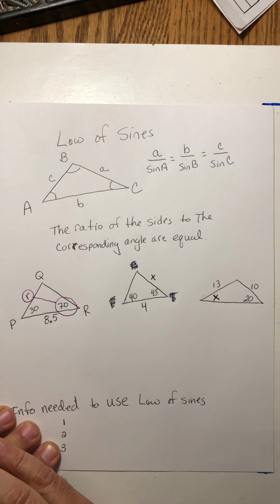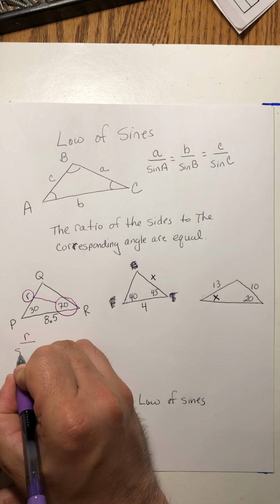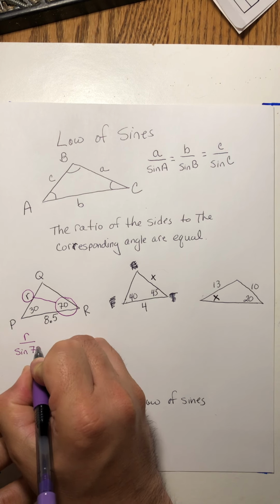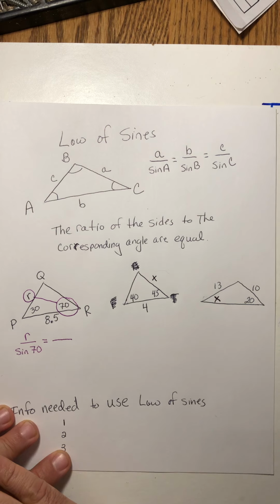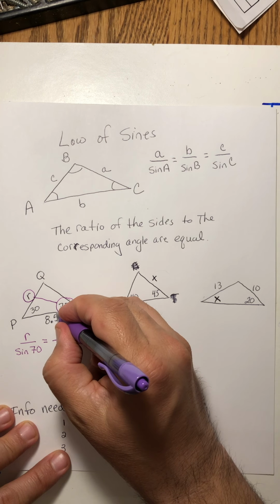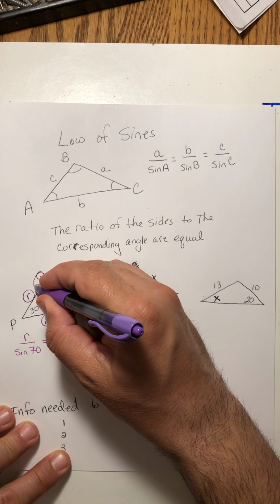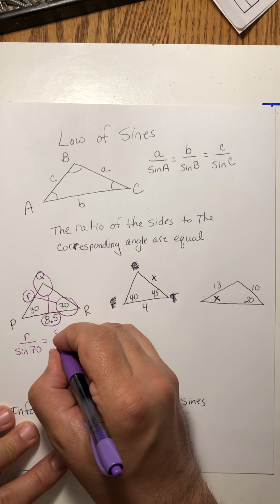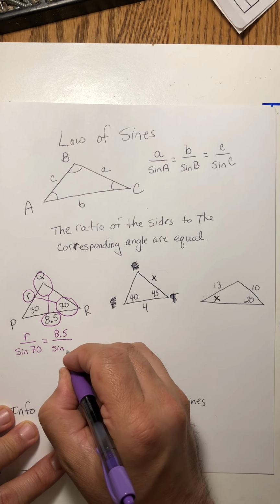That is one ratio: r over sine of 70 equals, here's my other ratio, 8.5 the side over this angle. So 8.5 over the sine of that angle.